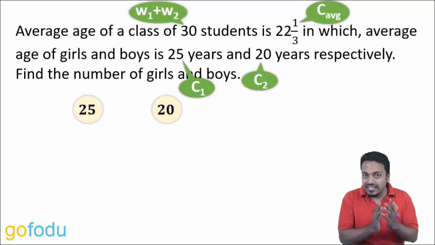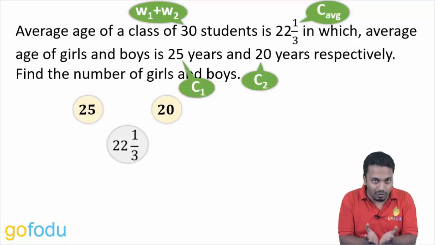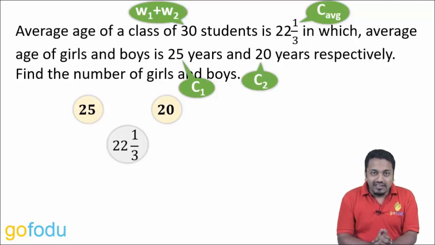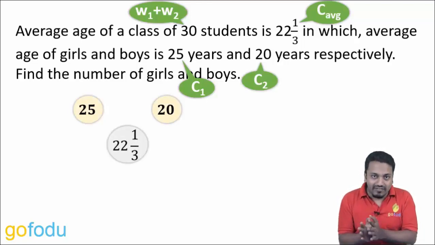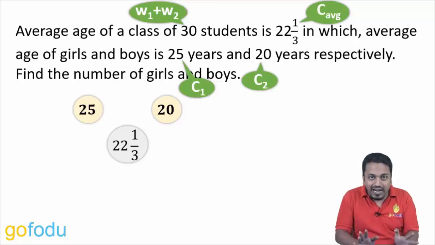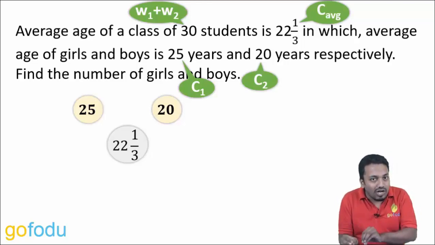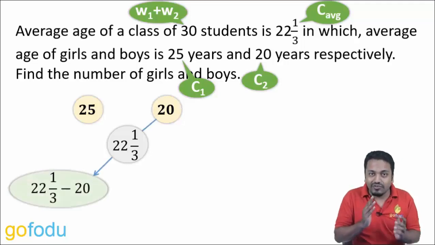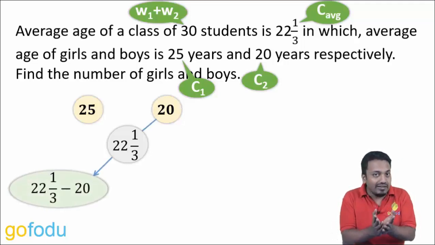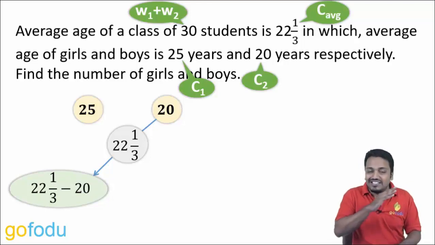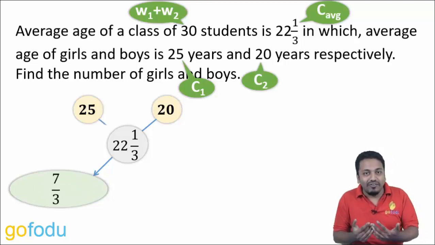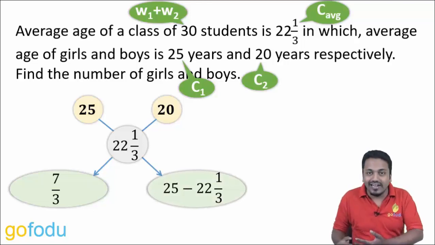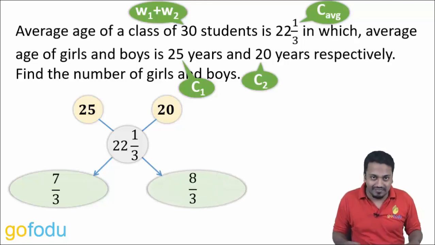Write C1, C2 and C average below them. Now don't worry whether it was C2 minus C average or C average minus C1. Just subtract the smaller value from the bigger one crosswise. We get 22 1/3 minus 20, that is 7/3, and 25 minus 22 1/3, that is 8/3.